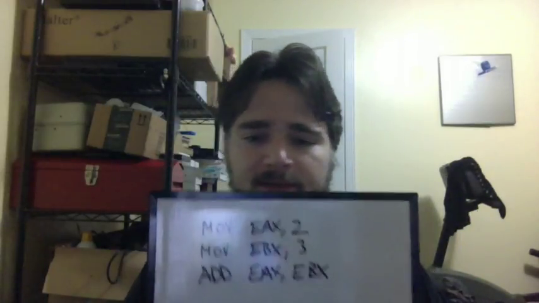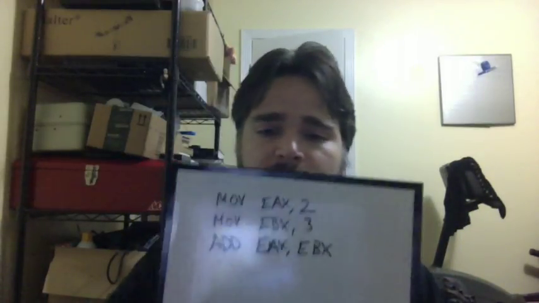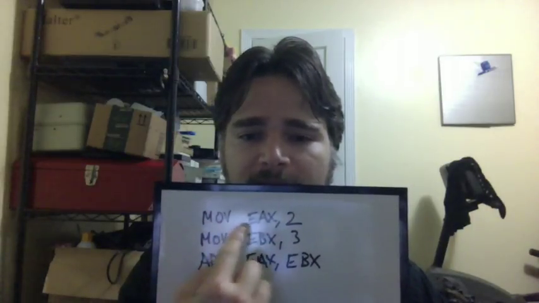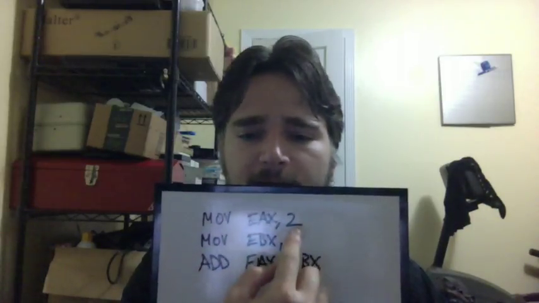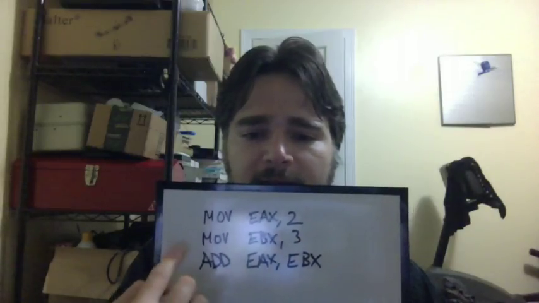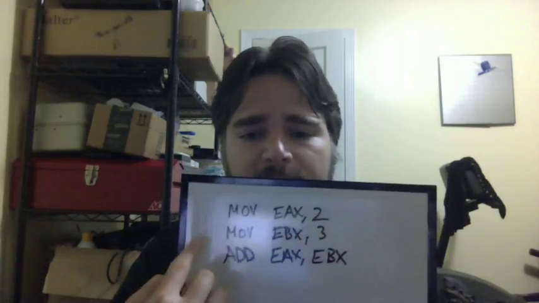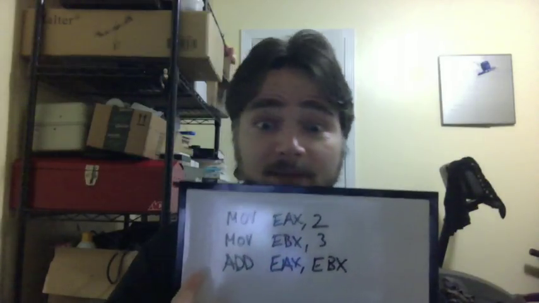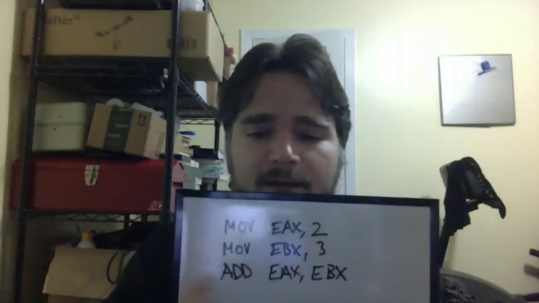So this is something called assembly language. Over here we have MOV, and then we have EAX, what's that? And then 2. Then we see MOV again, right here. And this time we see EBX, 3. And then we see one thing that finally makes sense, right? We see add, EAX, EBX.